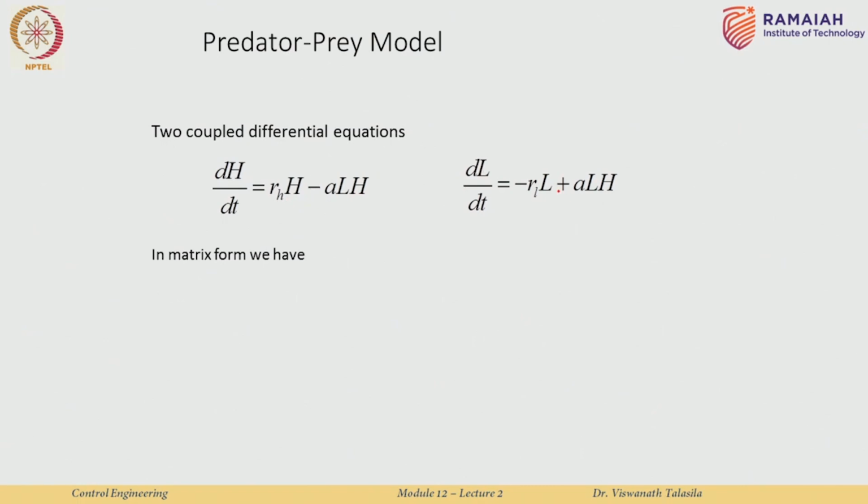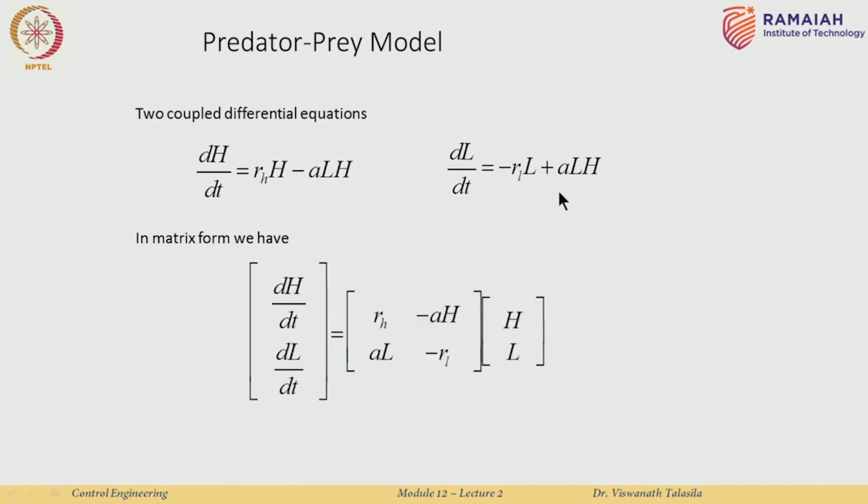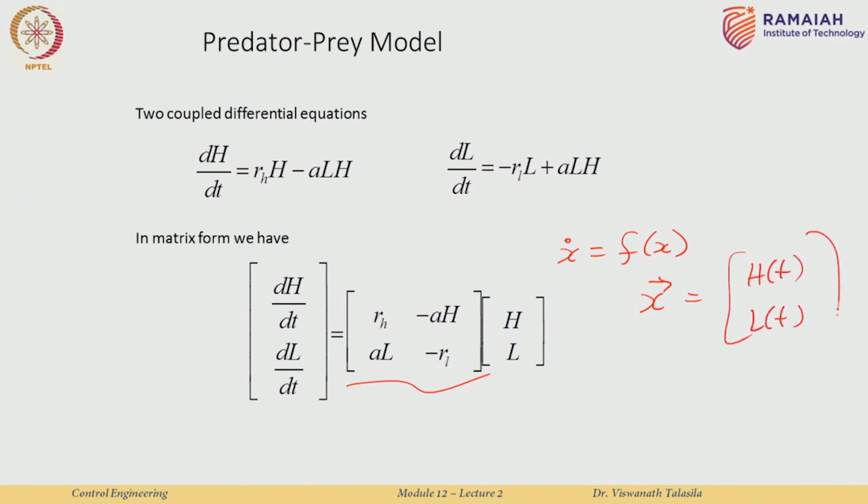So, if we just rewrite this in a matrix form, we essentially have this expression over here. Okay. This is again your classic state space thing, and this is not the A matrix as we call it in the linear case. So, this is basically x dot equal to f of x, where my state vector x is basically H of t and L of t, all right, and this is the f of x over here.